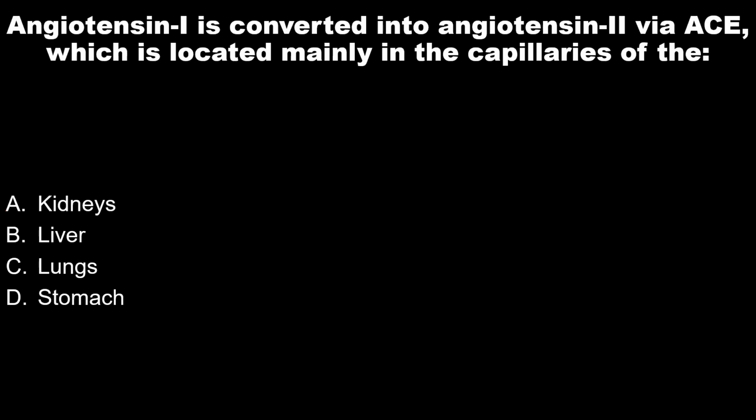Ang1 is converted into Ang2 via ACE, which is located primarily in which organ's capillaries? It's produced by these capillaries, and it's located mainly in the same organ's capillaries. They're the lungs. The lungs produce ACE, and so thereby most Ang1 is converted into Ang2 in the lungs.